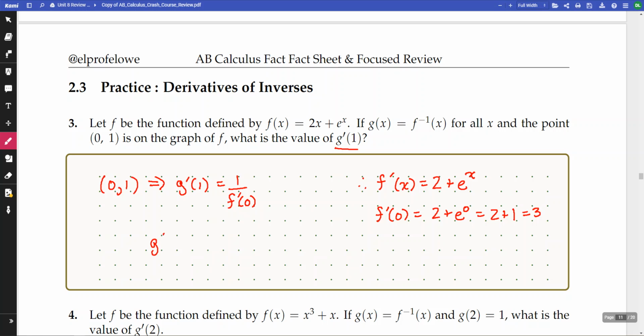So that means that g prime of 1 is going to be 1/3. And every problem involving inverses for our purposes in this introductory calculus course, you're going to have that relationship. The derivative of an inverse will be related to the reciprocal of the derivative of the function.